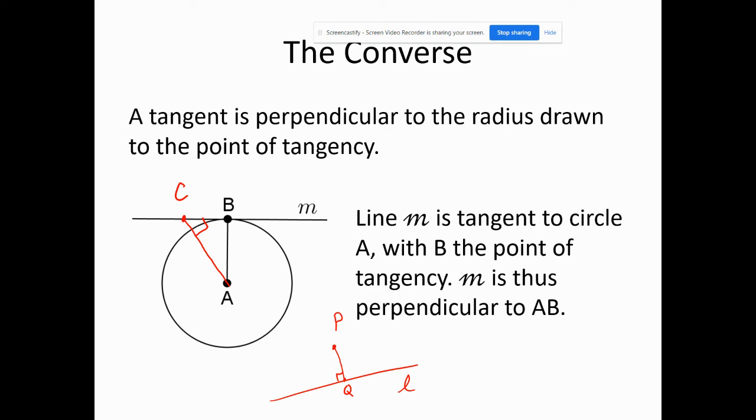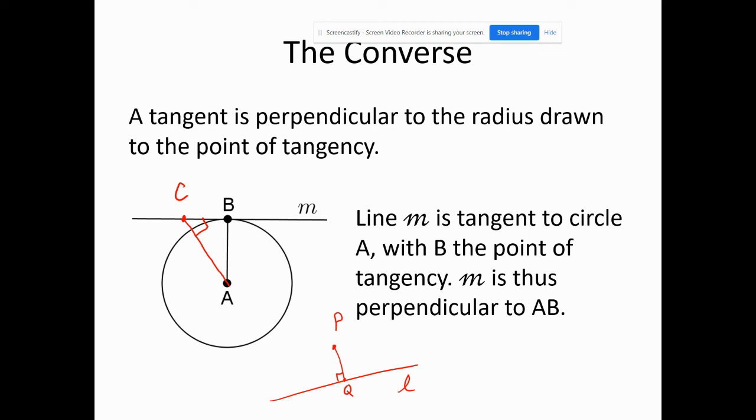That is, AC is greater than AB, which is a radius. However, if we have the right angle there at C, that means that AB is the hypotenuse of a right triangle, which means that it's the longest side, which means that AB is greater than AC. So we must say both that AC is greater than AB and that AB is greater than AC. But that's a contradiction. That cannot be true.